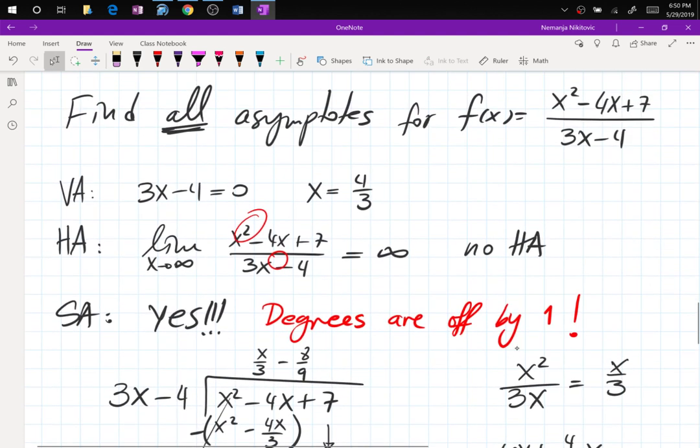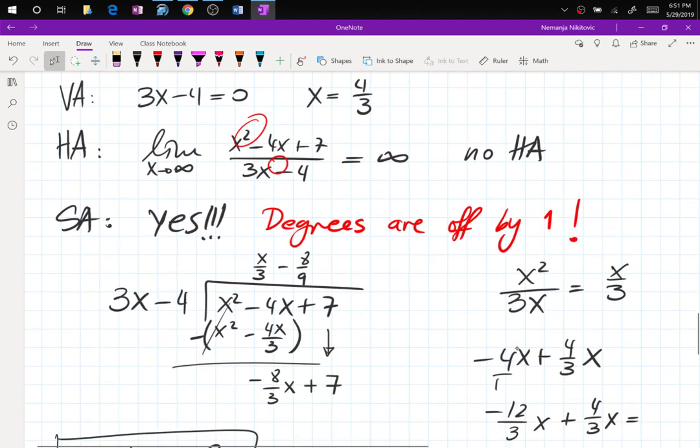For the vertical asymptote, we set the denominator equal to 0 because it didn't cancel. I know because I look at this and it's not factorable, so it's not going to cancel with 3x minus 4. Since it doesn't cancel, we have the vertical asymptote. If it does cancel, then you can have an open circle, so you have to be careful there.